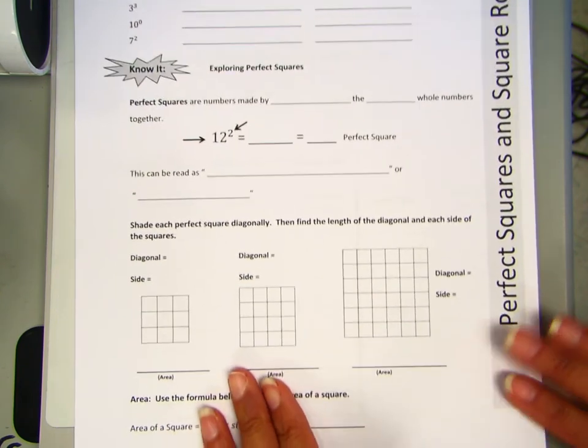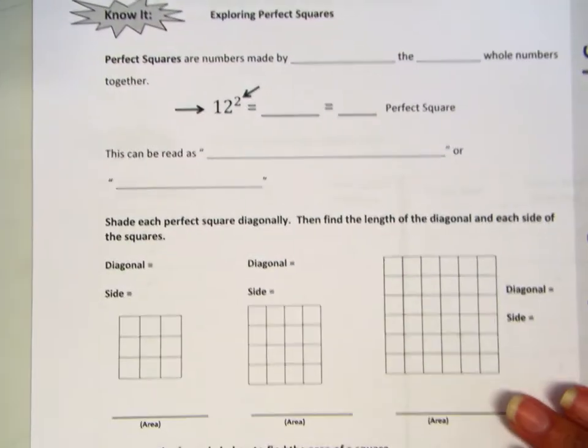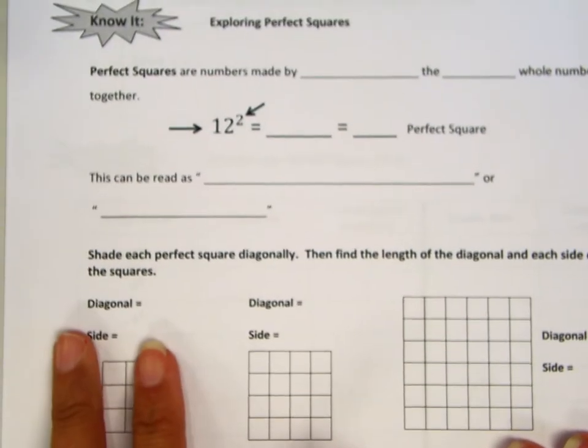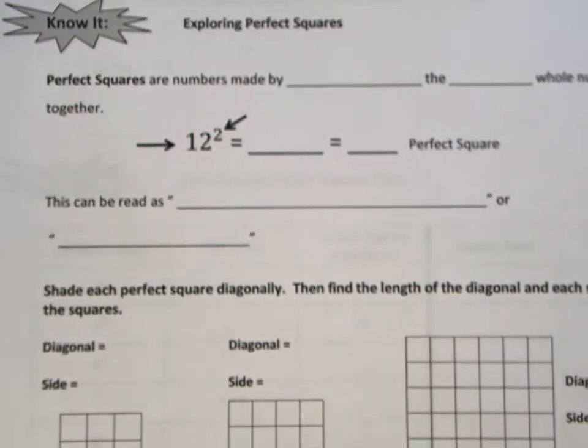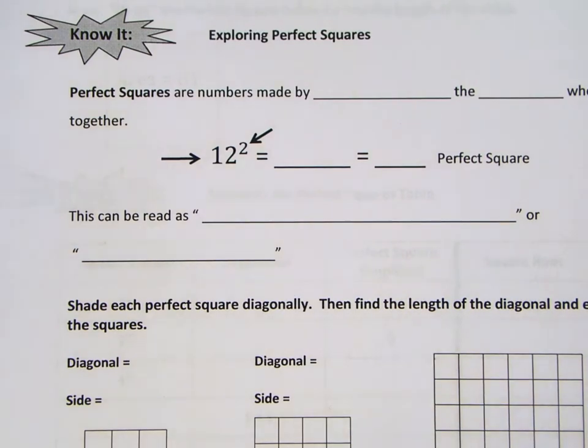So now that you've completed the review it section, let's see what we need to know for perfect squares. So we're going to explore perfect squares, figure out what that means. And as I said earlier, perfect squares are just a form of an exponential form. So it is going to have a base and an exponent, and it's just a short form of a multiplication problem.